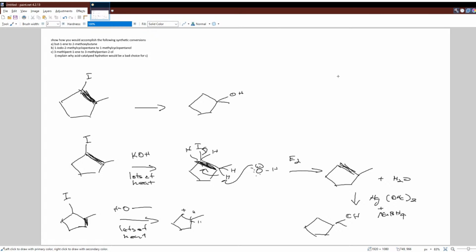And then we would have to have a hydride shift here. Or do we even need a hydride shift? We have 2 H's. Yeah, I guess it would necessarily have a hydride shift because it's a carbocation. So if we just encourage elimination like that, which hydrogen does it attack?